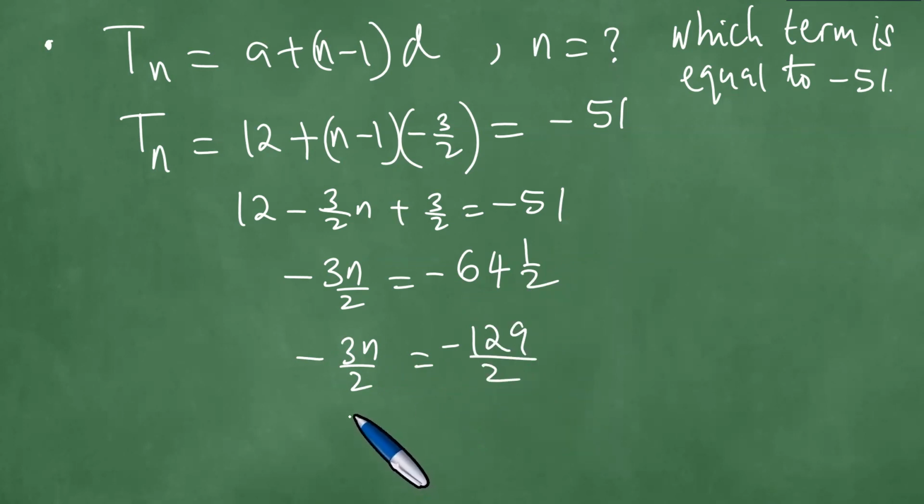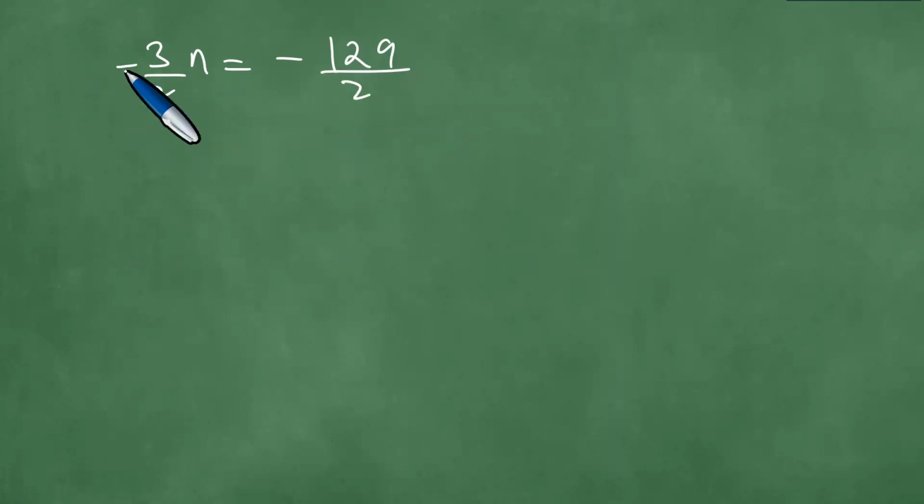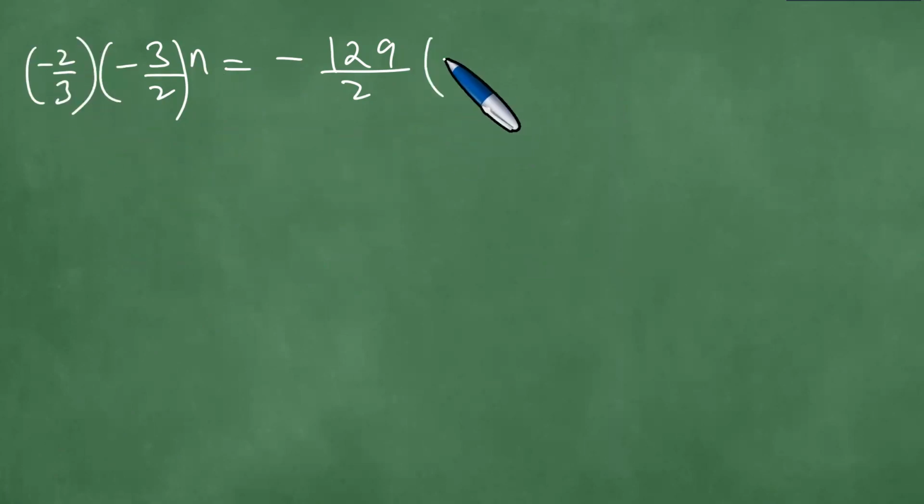So what is n? If you have minus 3 over 2 n equals minus 129 over 2, then minus 2 over 3 times minus 3 over 2 cancel out.